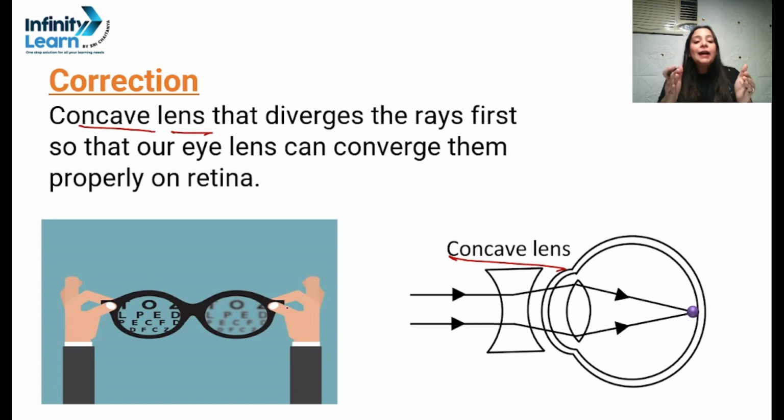Now when they enter our eyes, it converges them properly and a clear image is formed on the retina, which can be detected by the brain. So myopia patients can see far off clearly when they are wearing spectacles, but when they are not wearing them, they are not able to see far off clearly.